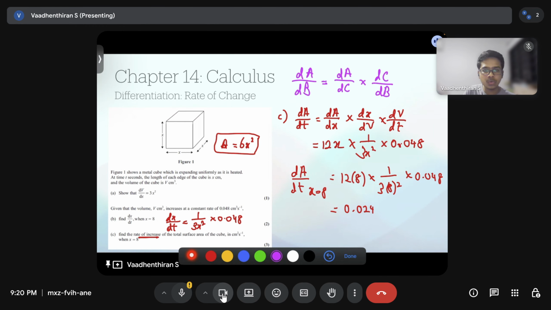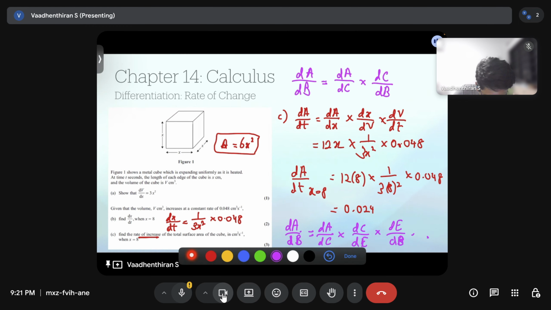You can include a lot of variables in between too. For example, you can derive dA over dB as dA over dC times dC over dE, let's say, times dE over dB. You can continue this as and when you require. Here we used it three times.